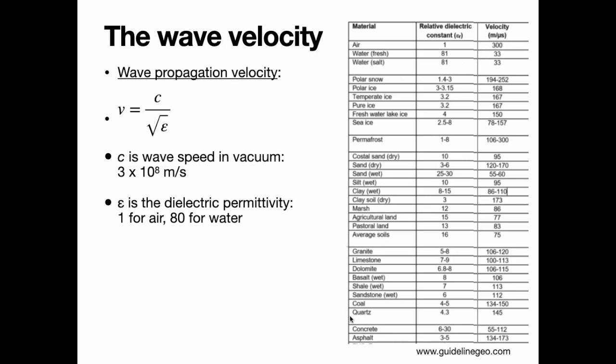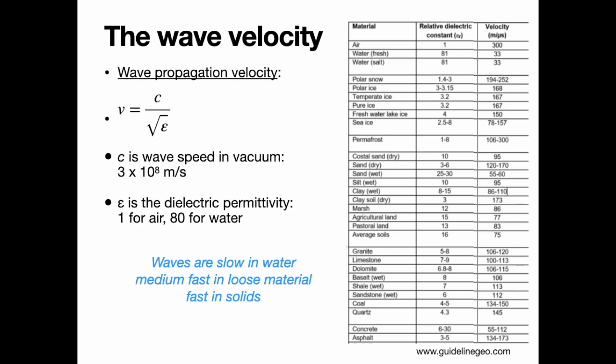In contrast, quartz has a dielectric constant between 4 and 5, 4.3, and a velocity of about 145 meters per microsecond. Other materials, such as salt water, have a very low velocity, about 30, and a high dielectric constant. So it's clear that waves are slow in water.